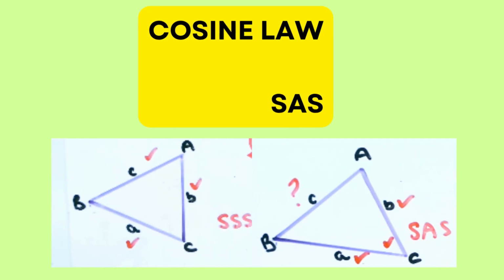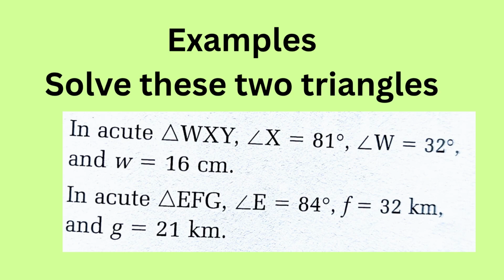And to use the cosine law, I either need all three sides, SSS, which helps me find any unknown angle, or I need two sides and an angle between them, also known as SAS, to use the cosine law and find the third side. So let's look at a couple of examples where you're asked to solve these two triangles.